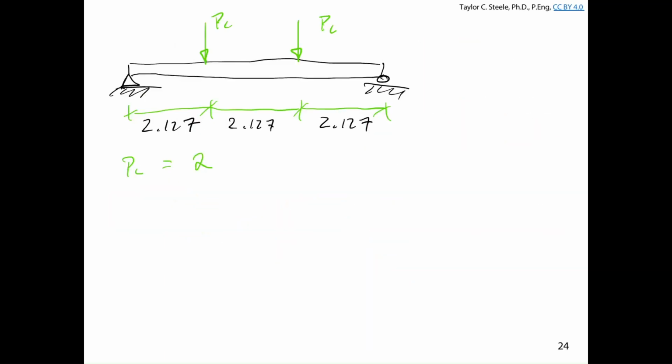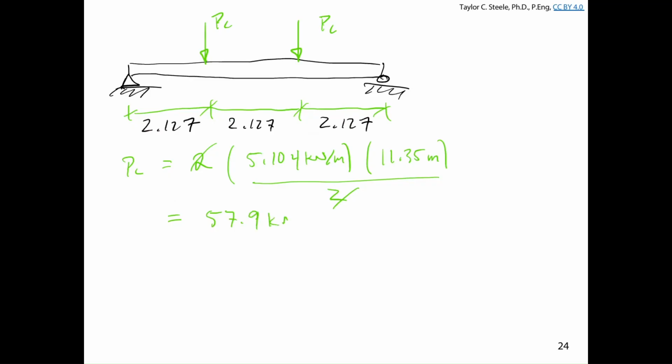So here we get 2 times W, which is 5.104 kilonewtons per meter, times the length of the joist, which is 11.35 meters, over 2. So the 2's cancel. We just get W times the length of the joist. And the total load on our girder ends up being equal to 57.9 kilonewtons.